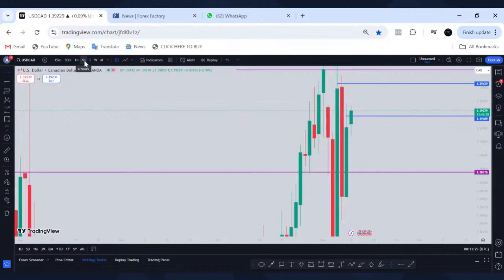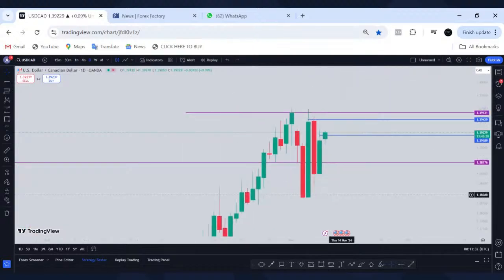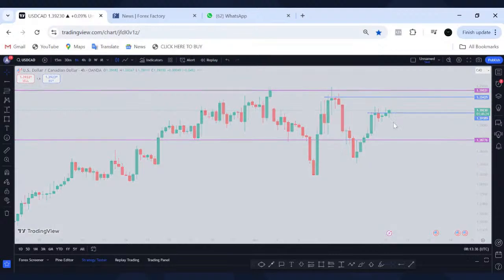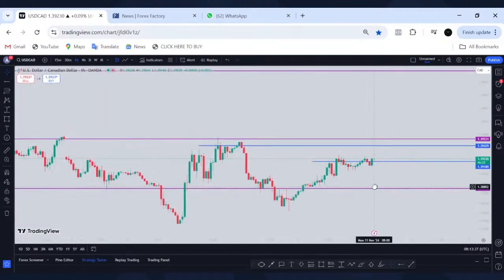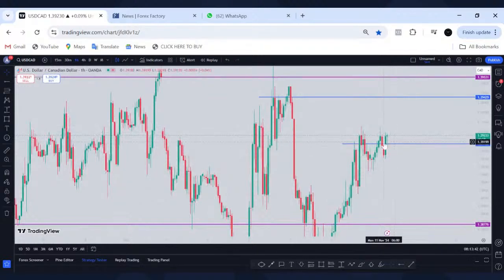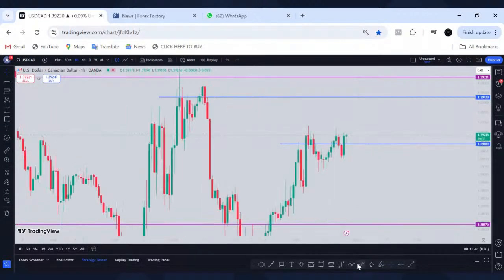The structure doesn't look good for taking an entry on USD CAD. It's kind of consolidating. The zone at the top is kind of wide.